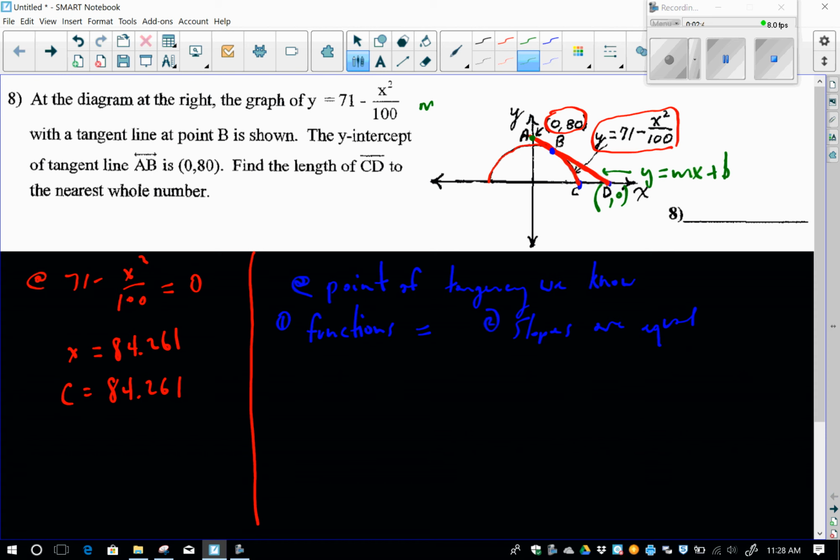Since we have two points, the slope is 80 minus 0 over 0 minus d, so the slope is negative 80 over d. We also know the y-intercept is 80, so we replace m with negative 80 over d and b with 80.